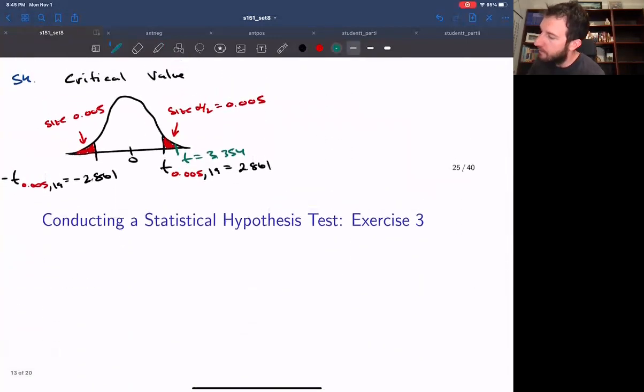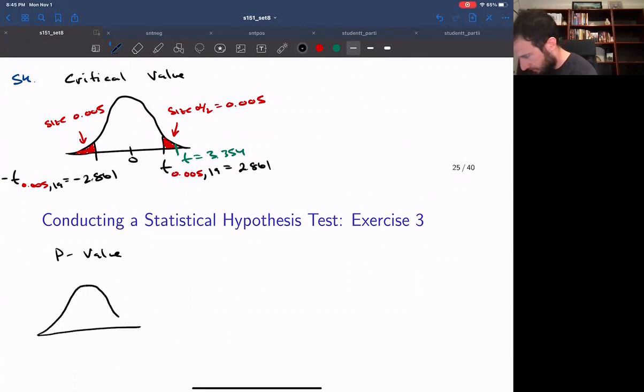Okay, if we take the p-value approach, we start by sketching out our t-curve, centered at 0. Now we actually mark down our test statistic, and we also consider the negative of our test statistic.